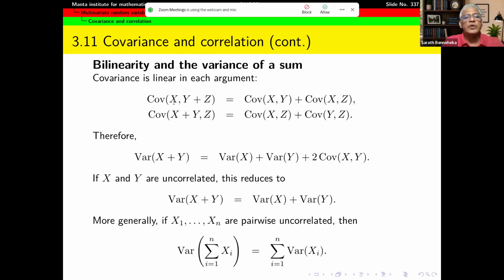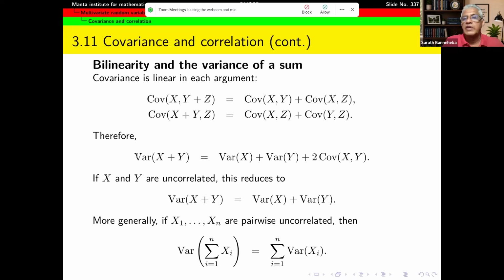This will be equal to covariance between X and Y plus covariance between X and Z. Similarly, the other way around will anyway follow from the symmetry that we discussed. So there's nothing to discuss separately, even though I have given them separately here.